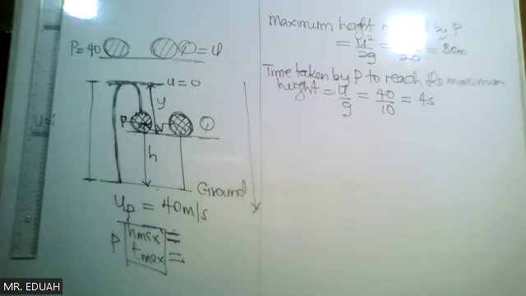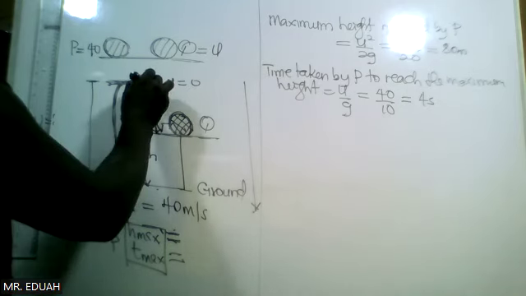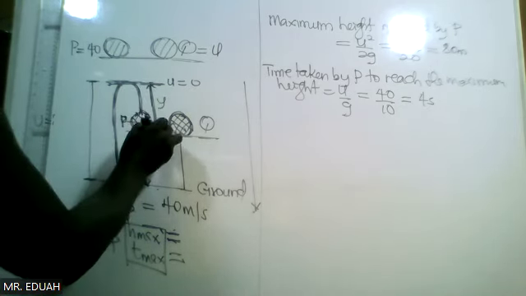What did you make for y? 80. How did you do it? You are looking for y, the vertical distance traveled by P before it crossed Q, the point where they are crossing.